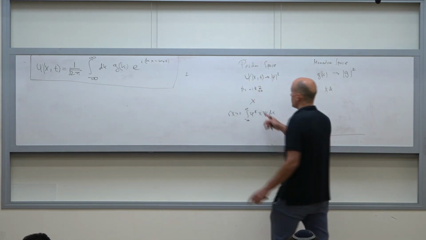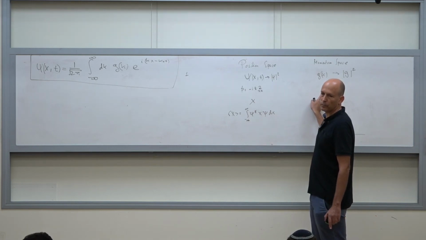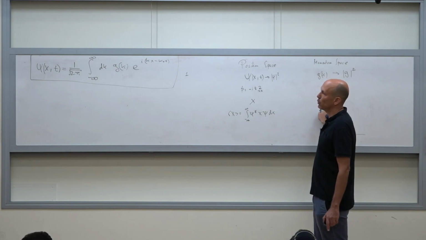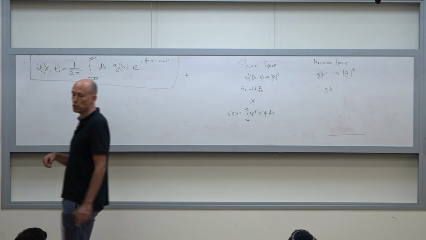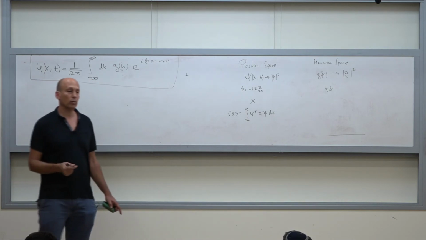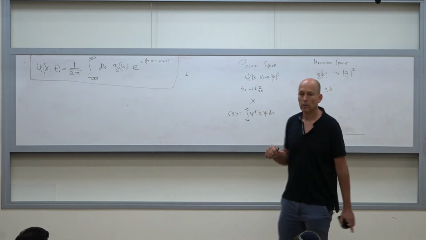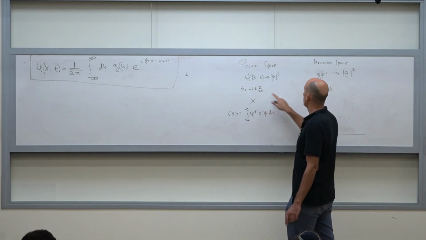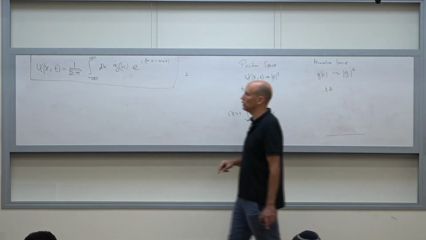And you can guess, and you will prove by yourself, what is x in this space? What do you think is x in momentum space? If I want to do something crazy and calculate through momentum space the average position, what will I have to do? I'll have to take the derivative of g of k with respect to k. You can try and work it out by yourself.